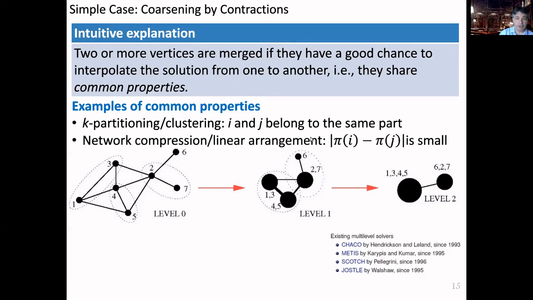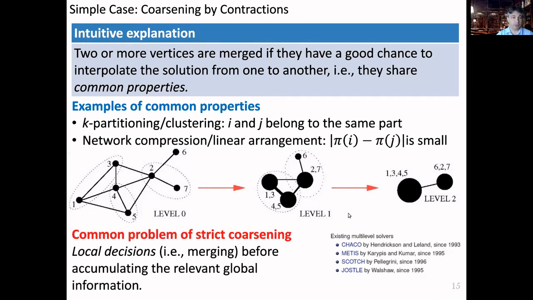If we solve the linear arrangement problem, then the property would be that the location of node I in the final arrangement would not be that far from the location of node J, and they can reinforce each other and help to interpolate a solution from one node to another. The problem with this approach is that we make a local decision before we accumulate enough global information about the problem.